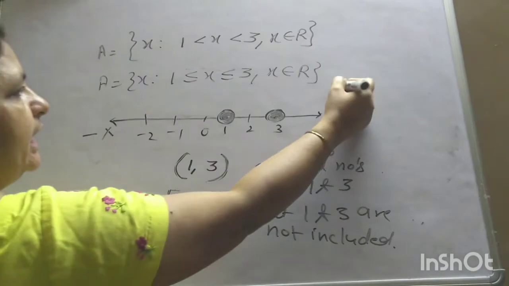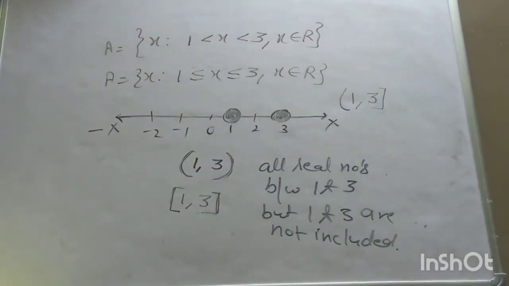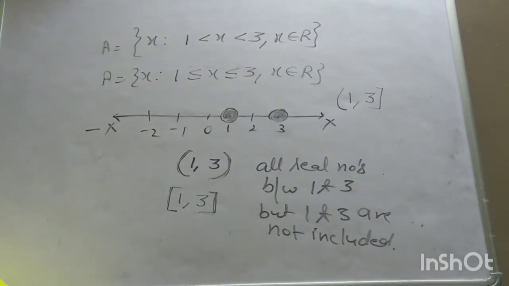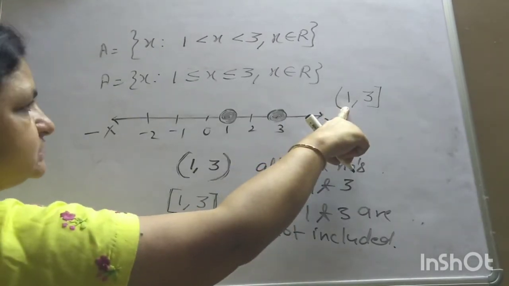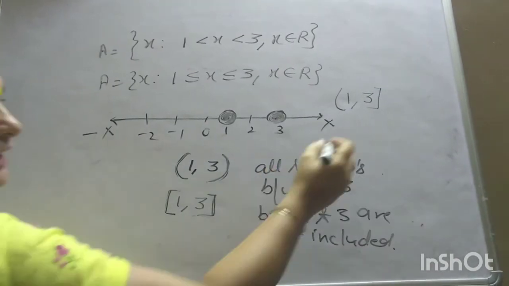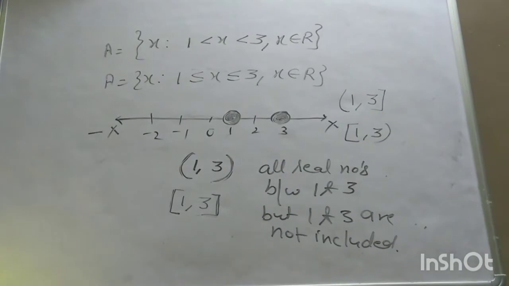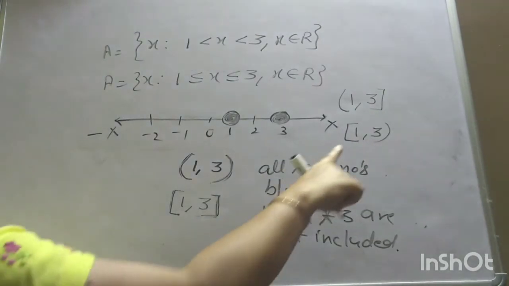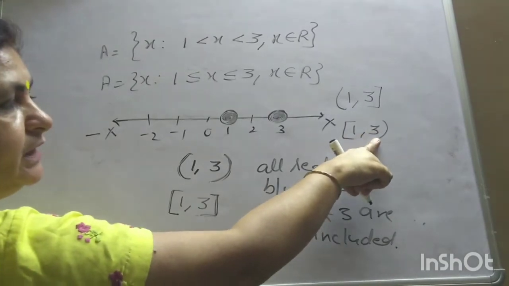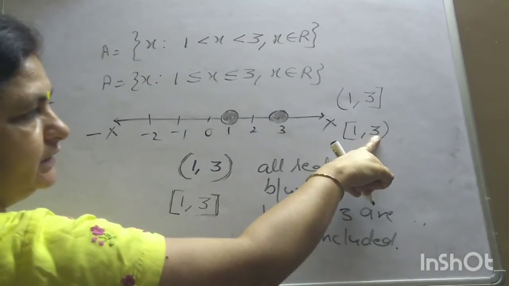Now, if we have open interval at 1 and closed interval at 3, it means all real numbers between 1 and 3, but 1 is not included and 3 is included. If we have closed interval at 1 and open interval at 3, it means all real numbers between 1 and 3, including 1 but excluding 3.